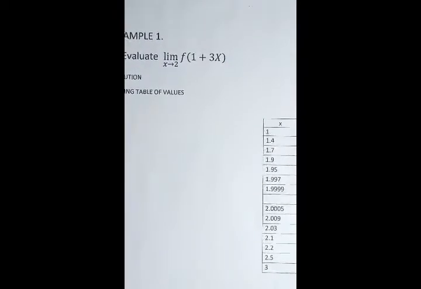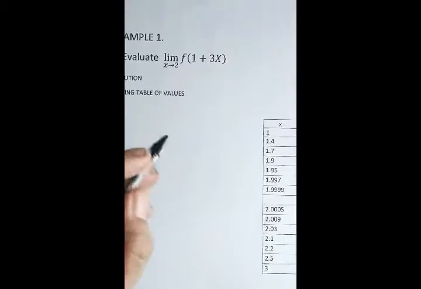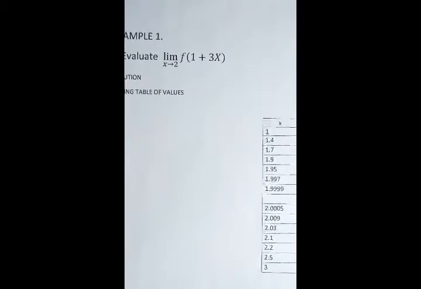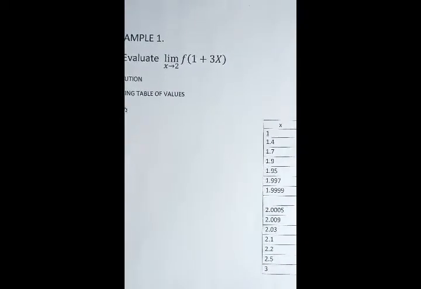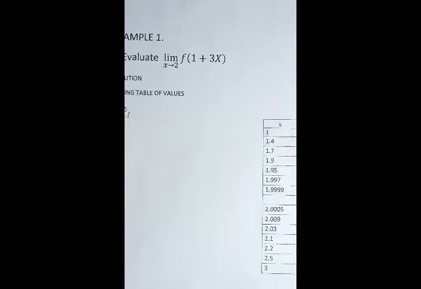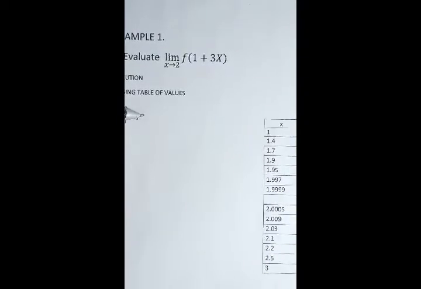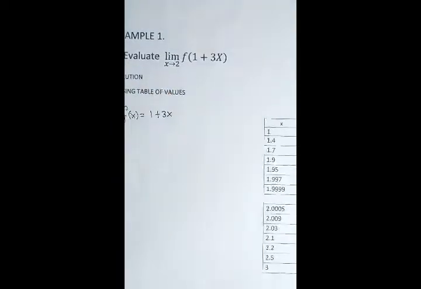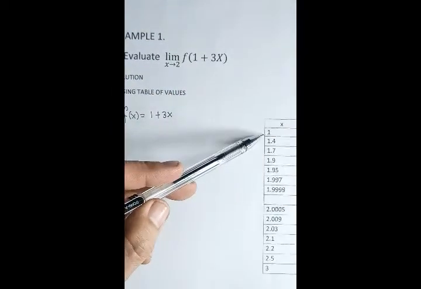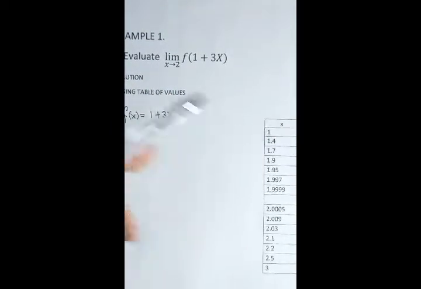Okay. So we rewrite our function. We have f(x) equals 1 plus 3x. Then we substitute our values into x. So let's start with 1.